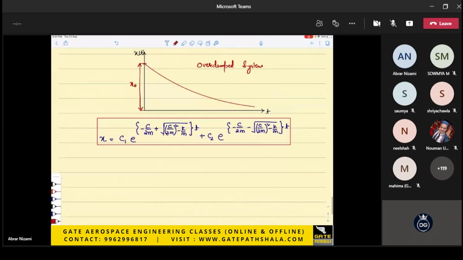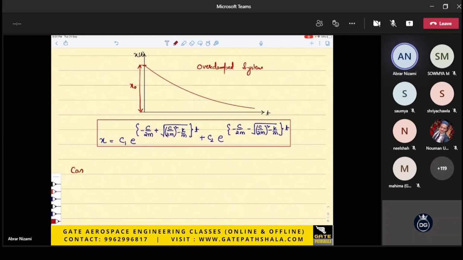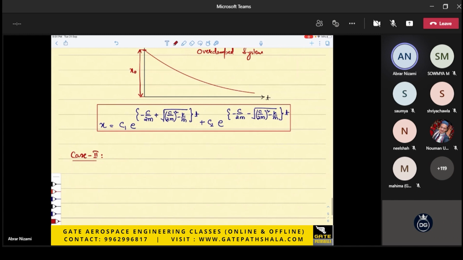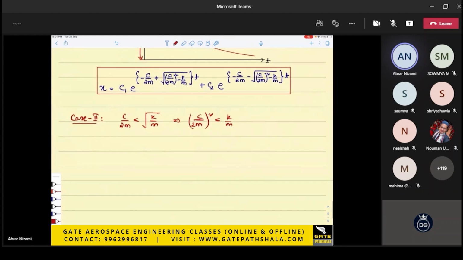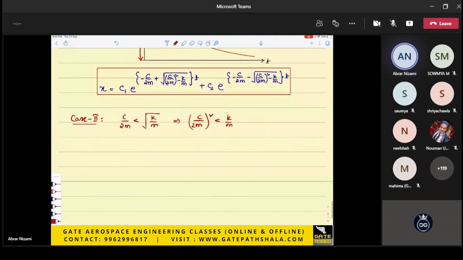Right, case 2. In case 2, you take c by 2m less than under root of k by m. That is, c by 2m whole square is less than k by m. If that is the case, what will be the type of roots, guys?